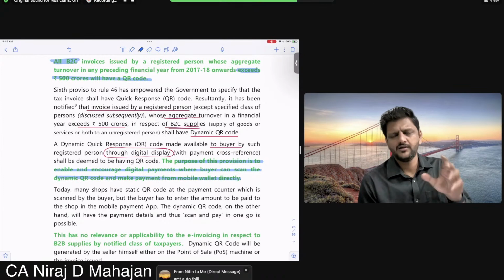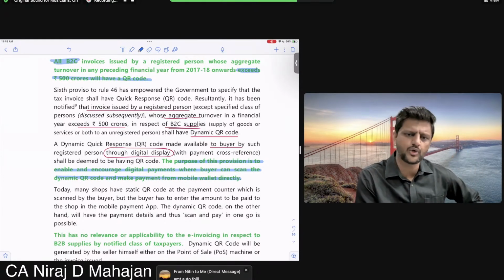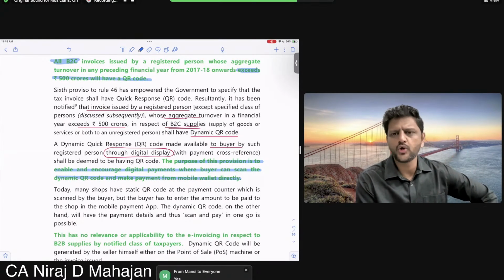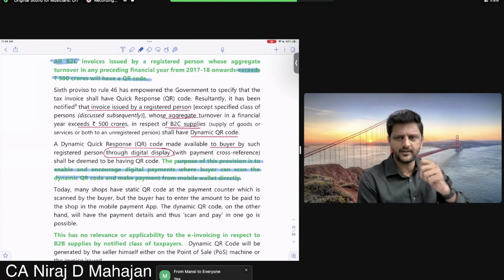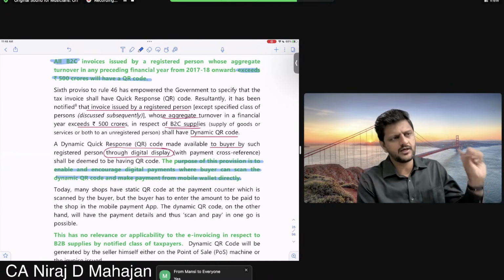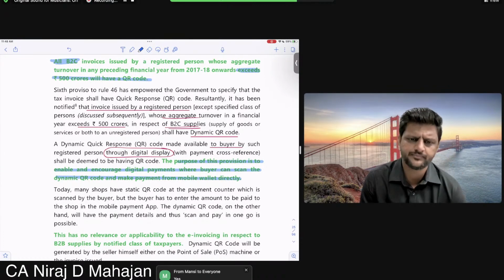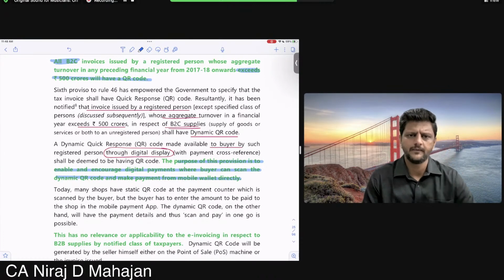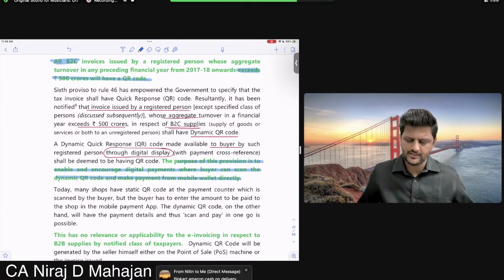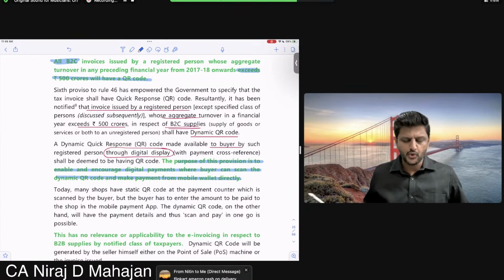There are two things. When you go to a normal grocery shop, you scan it and enter the amount by yourself. In some cases, the other person has already put the figure, for example restaurants and petrol pumps, I have seen that. It is exactly similar to what we are discussing here, through digital display.